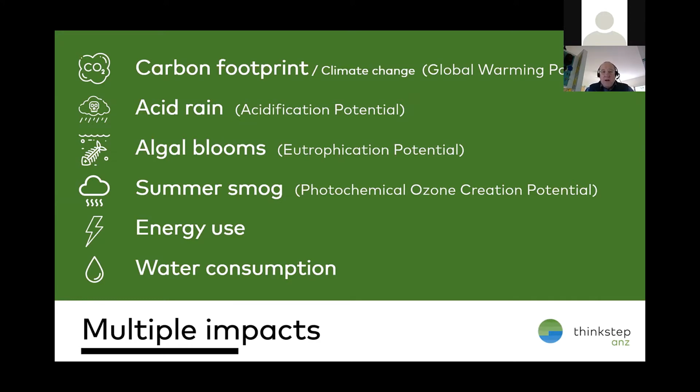But there are also other measures you've got to think about: contribution to water pollution, air pollution in the form of acid rain, algal blooms, and energy use. It's a really good method of understanding where your energy gets used in your product system, as well as the consumption of water and at what stage that's used. So we look at multiple impacts, again to highlight any burdens that might get shifted from one area to another.